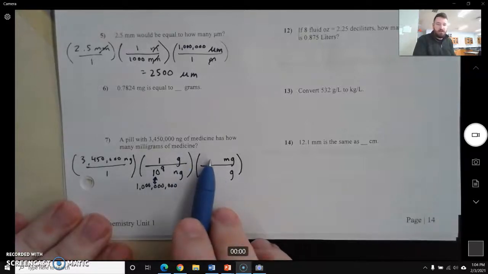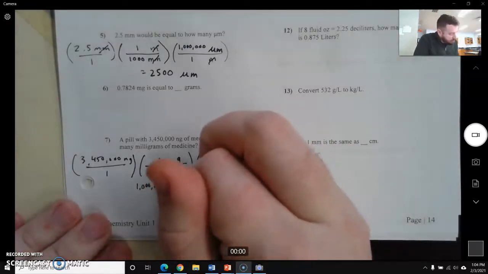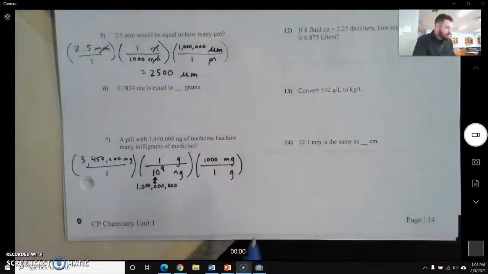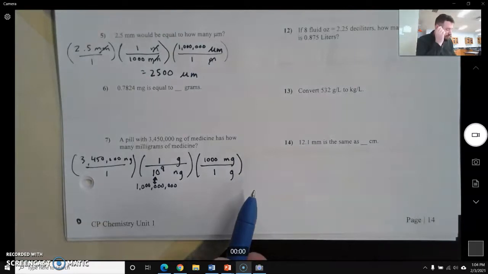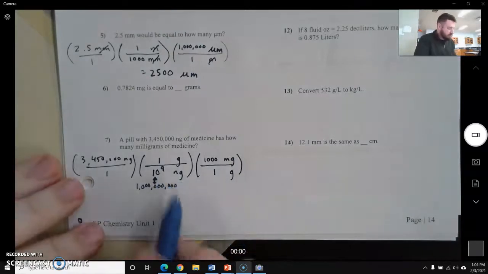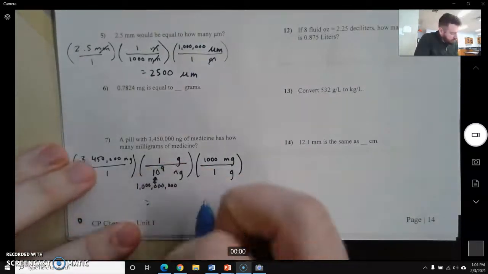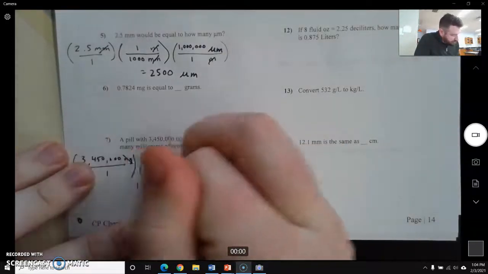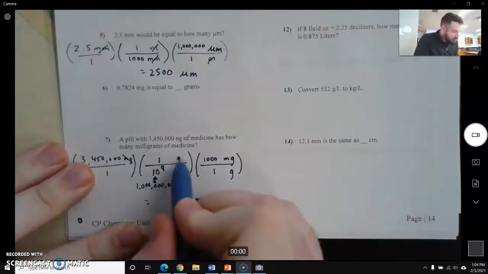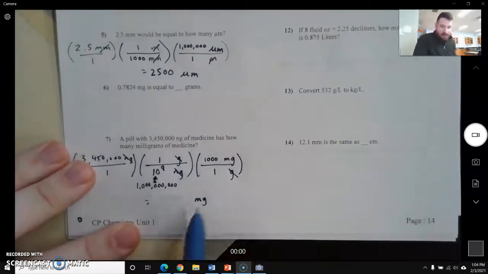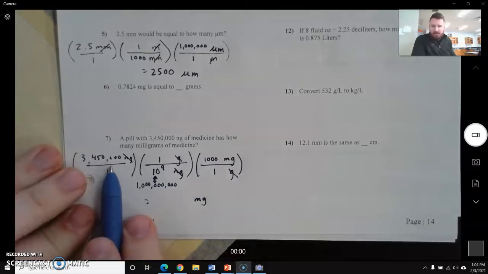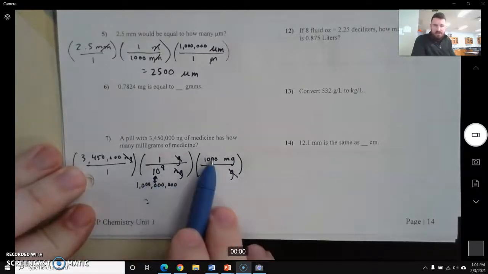And then here, how many milligrams are equal to a gram? And we have 1,000 milligrams for every 1 gram. And we should end up with units of milligrams. The nanograms will cancel out, the grams will cancel out, and we'll be left with, let's see, 3,450,000 divided by 1,000,000,000 times 1,000.